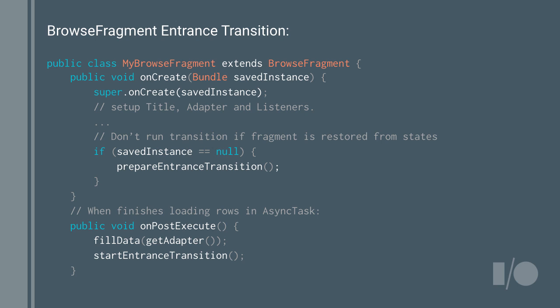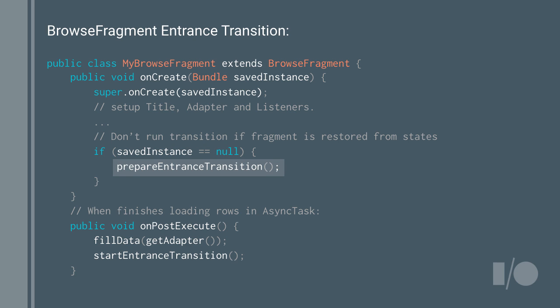So let's take a look at how your app can use entrance transition. This is a two-step process. First, your app calls prepareEntranceTransition in your fragment's onCreate. This tells BrowseFragment, don't show anything yet until I tell you to do so later. Internally, BrowseFragment will hide the content on the left and hide all the views inside the main area.